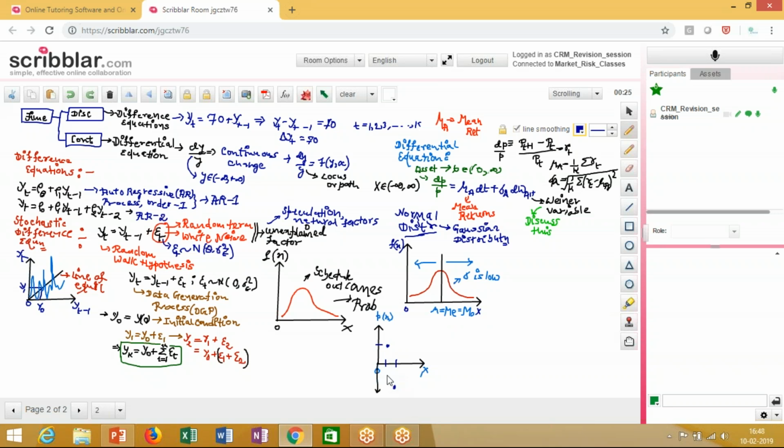When x is equal to 1, the probability is say 0.5, and for the other it is minus 0.5.